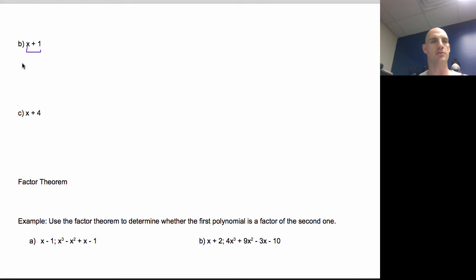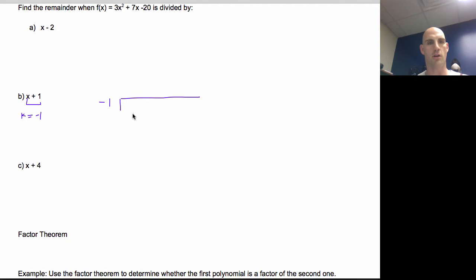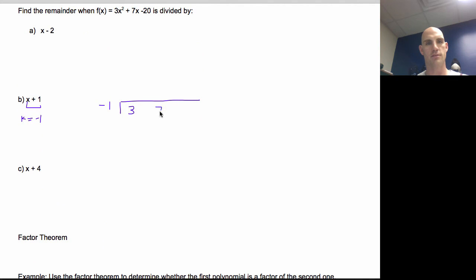We need to establish what k is. In this case, it's what's being subtracted, so k is equal to negative 1. In order to do this, we're going to use synthetic division. I'm going to transfer over my coefficients, so 3, 7, negative 20. Bring down my 3, multiply, add, multiply, and add.